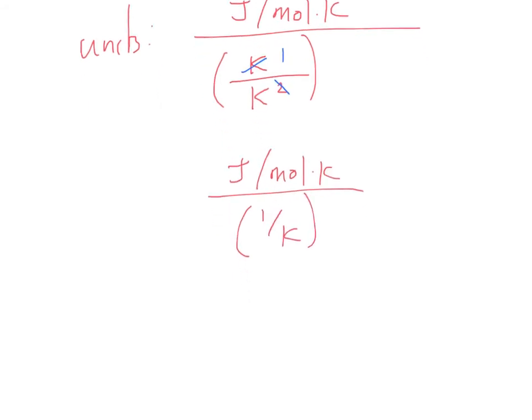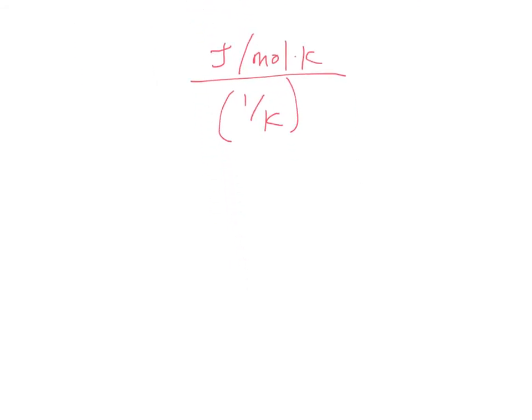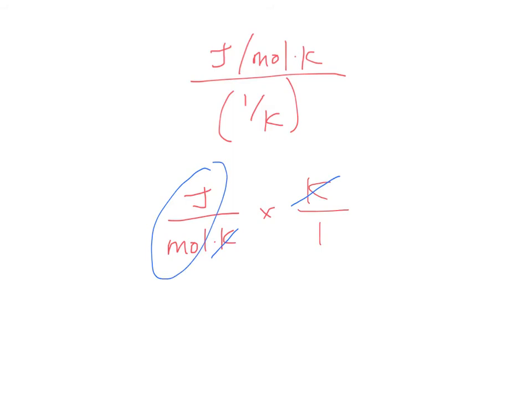And at this point, we've got some nifty fraction work here. So we've got joules per mole Kelvin. And if we're dividing by a fraction, that's like multiplying by the fraction upside down. So if we're dividing by 1 over K, that's like multiplying by K over 1. And oh goody, the Kelvins cancel, and we are just left with joules per mole.